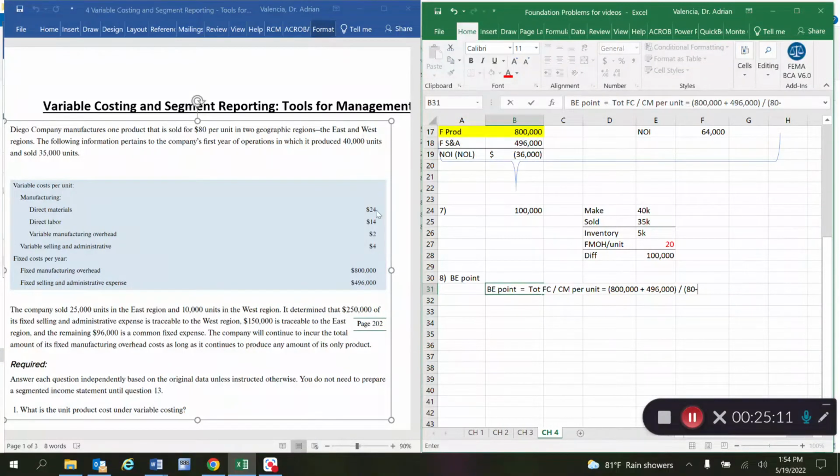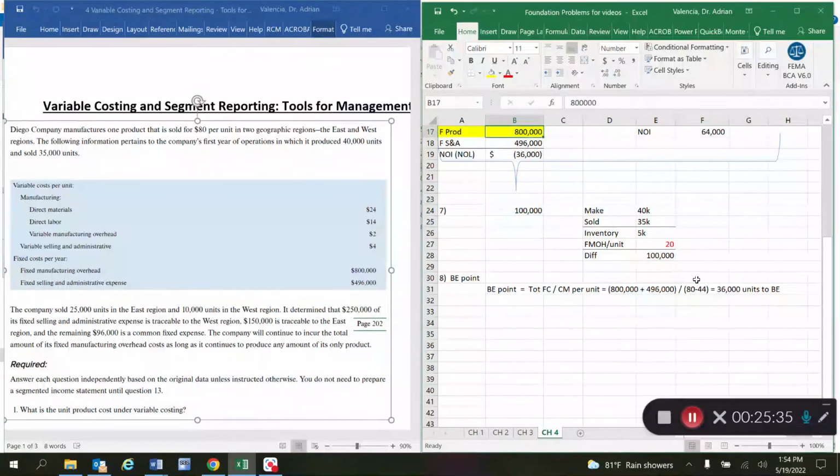So when you sum those up, that's 24, 14, that's 38. 38 plus 2 is 40, and then 40 plus 4 is 44. So when we do that, we get a contribution margin of 36. And the break-even point ends up being 36,000 units to break even.